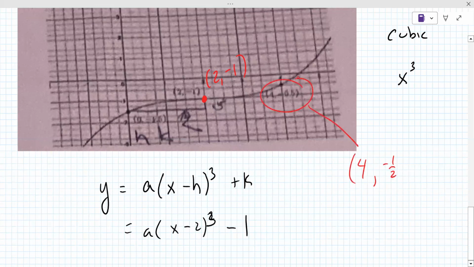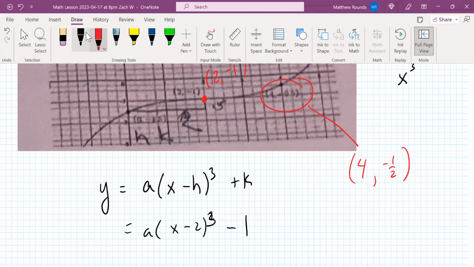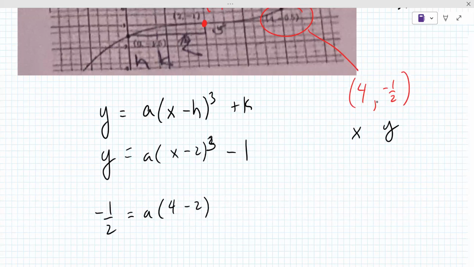Yes, negative 1/2. All right. So we're going to use that to solve for a. So you always use that baseline point to get you the vertex h and k, or that center point. Then use x and y to find the a value.